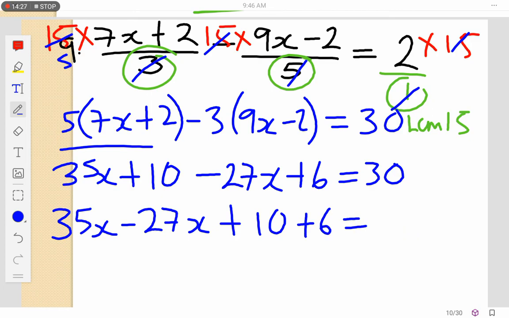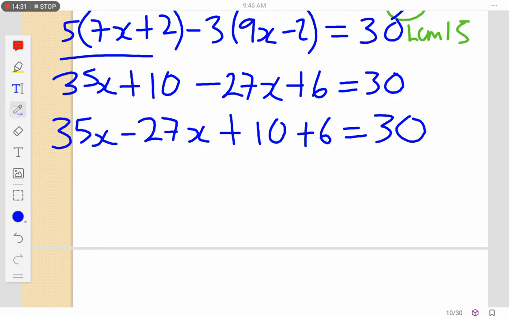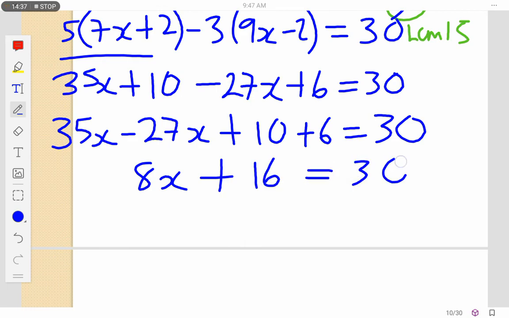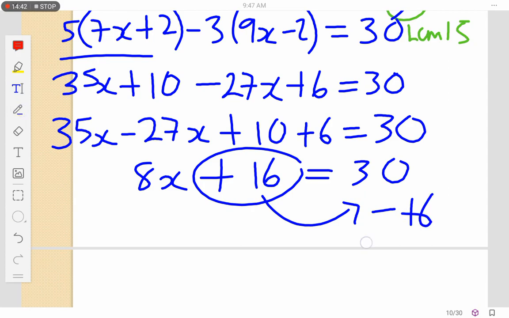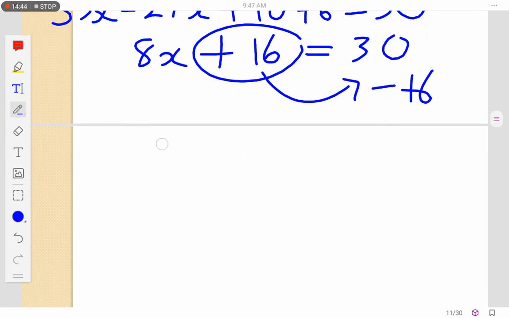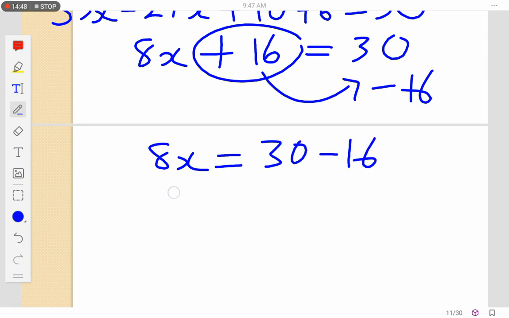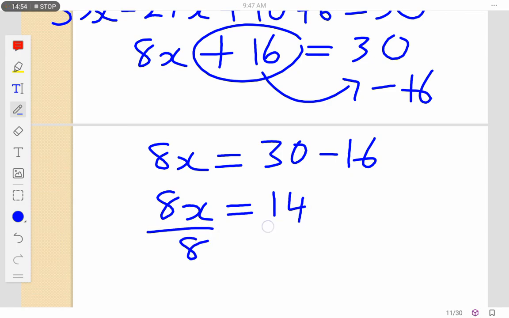Okay, like that. Now 35x minus 27x, I'll get an 8x here, plus 16 is equal to 30. And I can take this one to this side, it becomes minus 16. Okay, let's have that. So I'll have 8x is equal to 30 minus 16. So our 8x is equal to 30 minus 16, we have 14. Then we divide by 8, by 8.